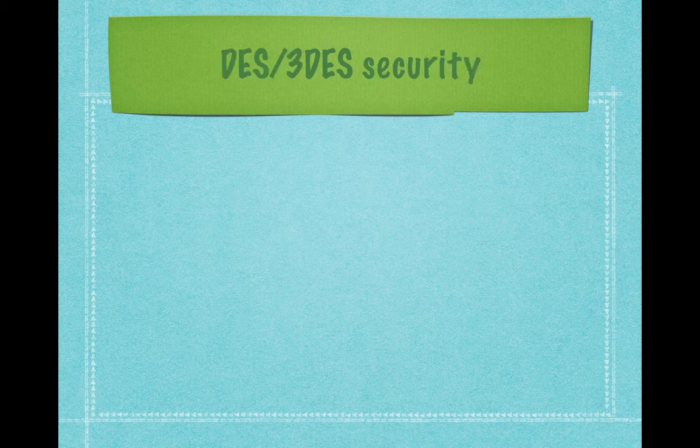Next we will quickly see the security of DES and triple DES. We don't go into in-depth details, just a very brief summary. In cryptography, let's say you have an algorithm with a plain text, a cipher text, and a key K. In DES you are using a 56-bit key.